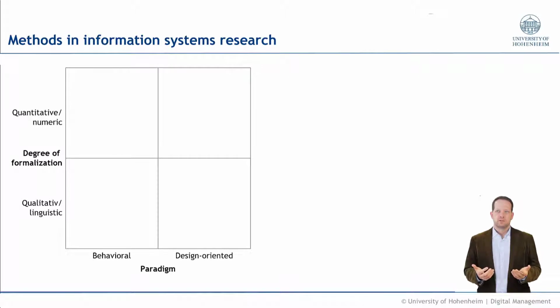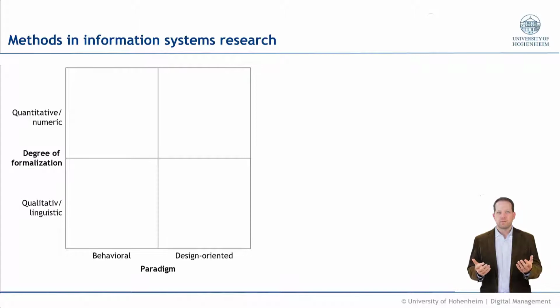With respect to the method, this is a degree of formalization of the object being researched, of the technology, the relationships, the person, or whatever the object being researched is. And furthermore, beyond this object and its formalization, it's important to what extent the method itself is formalized. That is, to what extent the underlying rule system specifies the cognitive processes and the individual steps involved in the method. That's the one dimension, that's the degree of formalization.